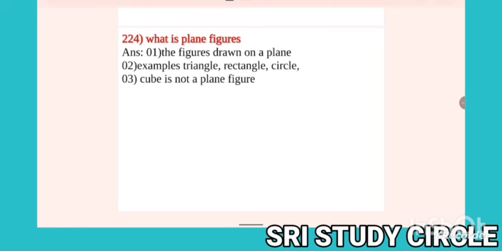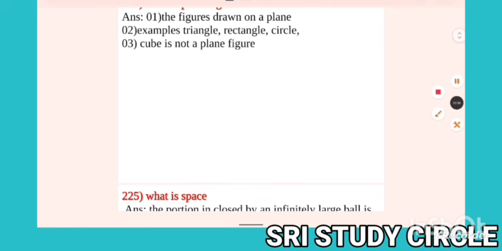What is a plane figure? The figures drawn on a plane, for example triangle, rectangle, circle. A cube is not a plane figure. A cuboid is also not a plane figure. Cuboids are objects, not figures.